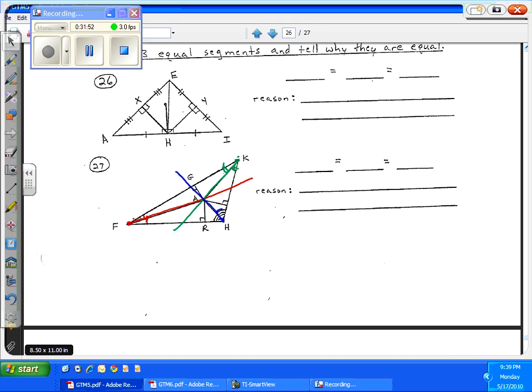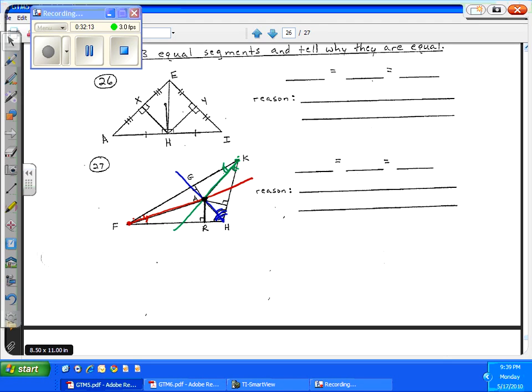This would be the bisector of the angle at H. The bisectors of the angles of a triangle intersect at a point that is equidistant from the sides of the triangle, excuse me.